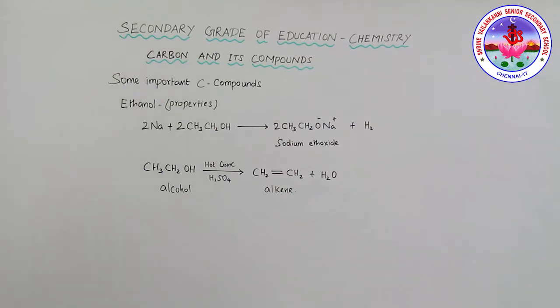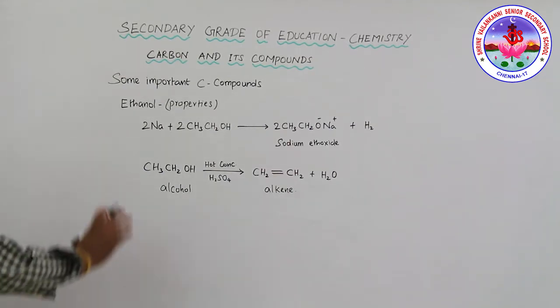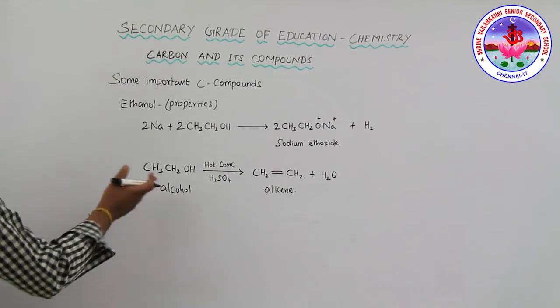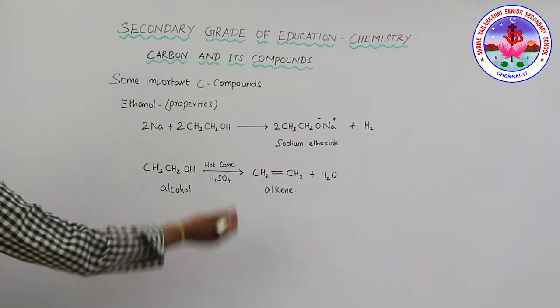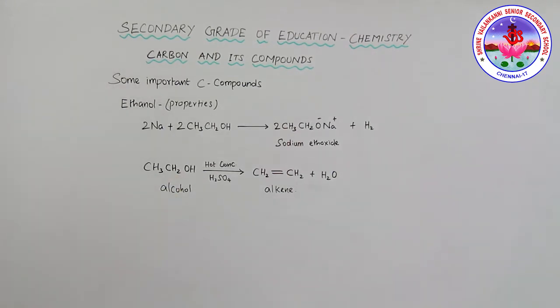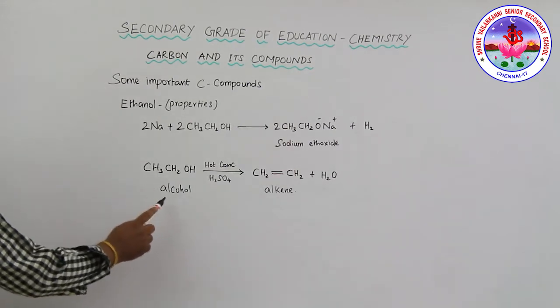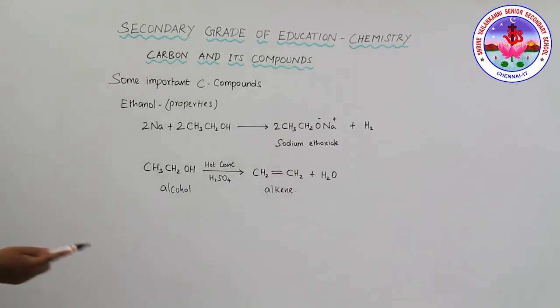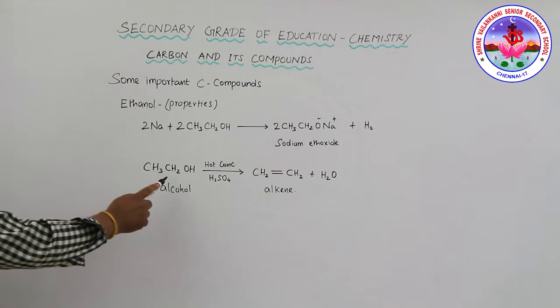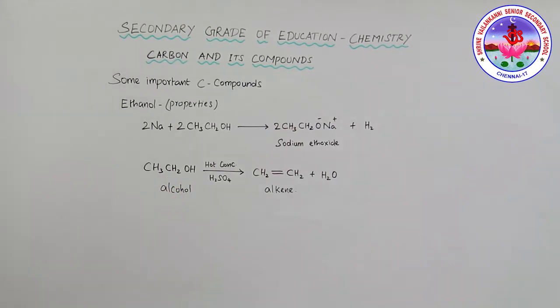Alcohols are easily converted to alkenes. This reaction involves a three-step mechanism that you are going to learn in higher classes. Generally there are two reactions, hydration of alcohol and dehydration of alcohol. Here, simply the alcohol is converted to alkene.